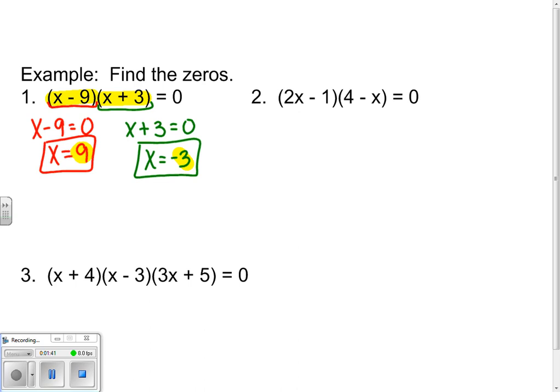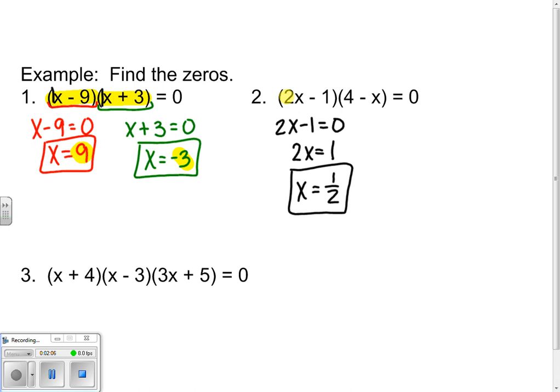Now, that works out when the lead coefficient is 1. If you take a look at both of those factors, it's a 1x minus 9 and a 1x plus 3. When there's a number in front, like that 2, you take the factor, set it equal to 0, and solve. Adding 1 to both sides gives me 2x equals 1, and dividing by 2 gives me x equals 1/2.